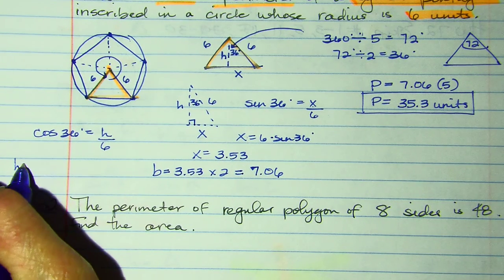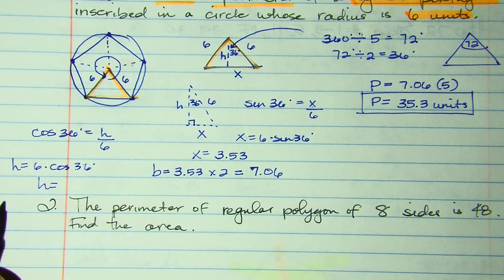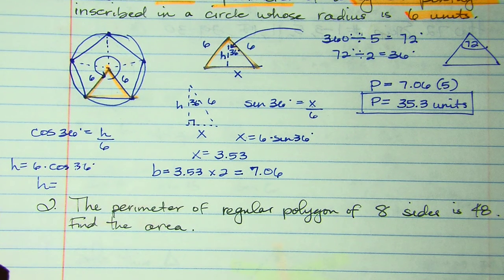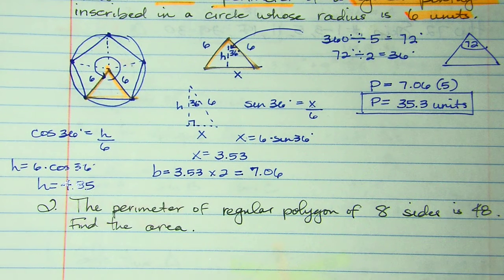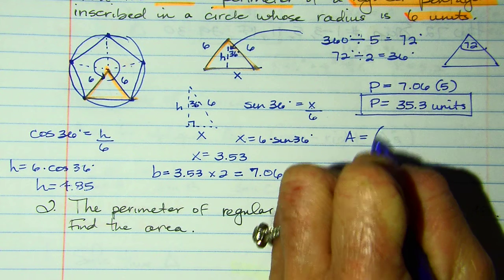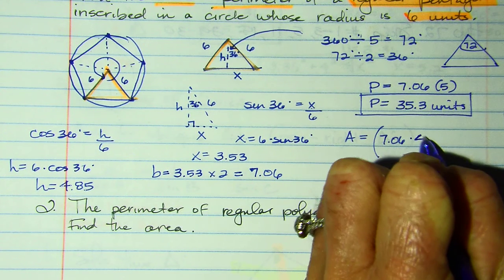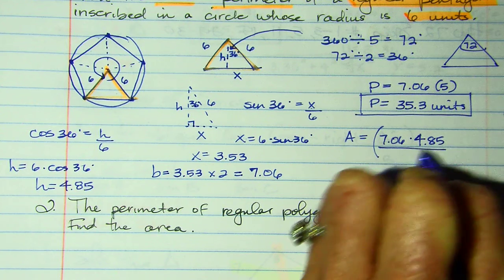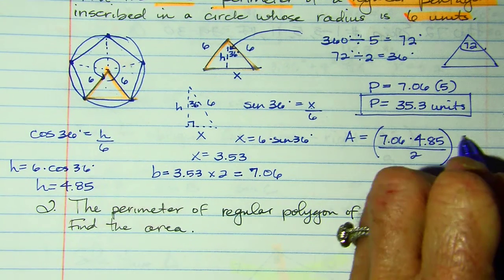So my height equals 6 times the cosine of 36, which is 4.85. To find area, I have base 7.06 times my height of 4.85 divided by 2, and there are 1, 2, 3, 4, 5 triangles.